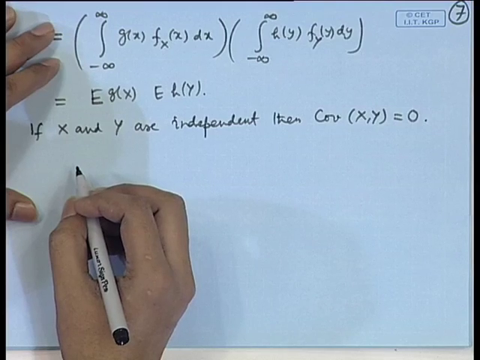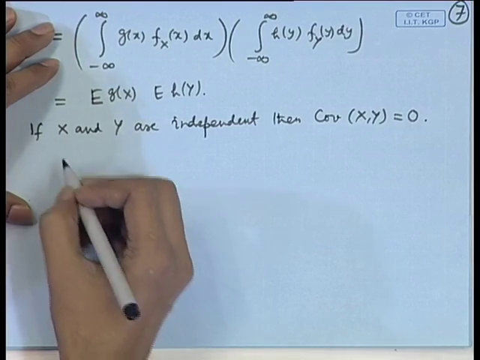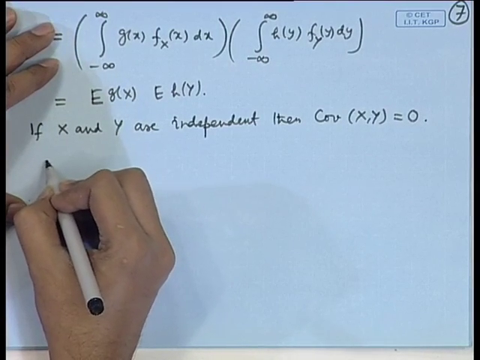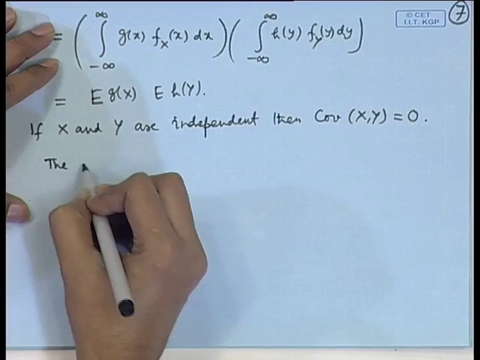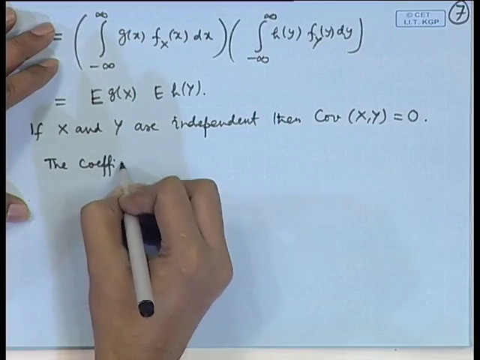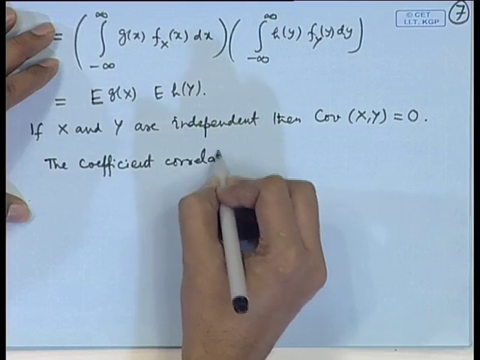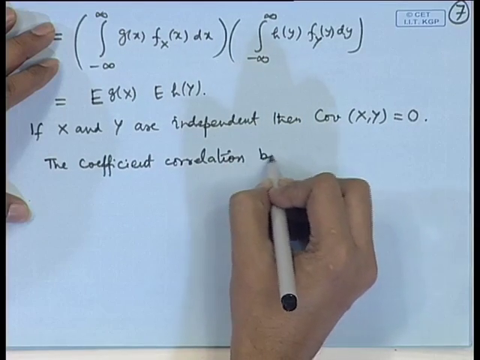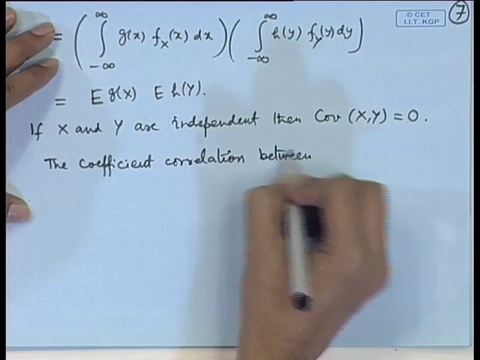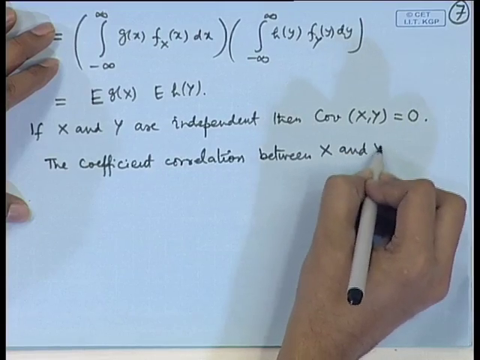Using the covariance, one defines the coefficient of correlation between x and y.